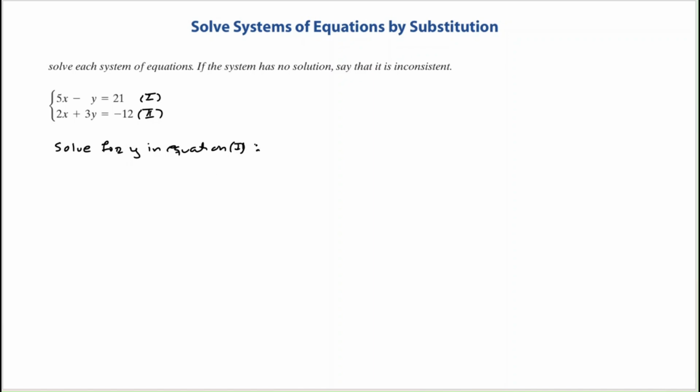When I solve for y in equation 1, I get 5x minus y equals 21. So minus y equals, subtracting 5x from both sides, 21 minus 5x. So y equals, multiplying both sides by negative 1, positive 5x minus 21.